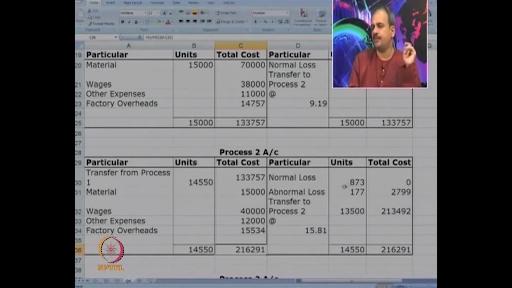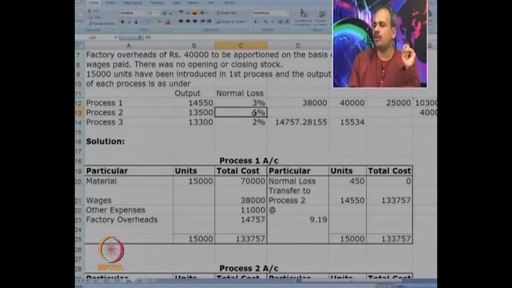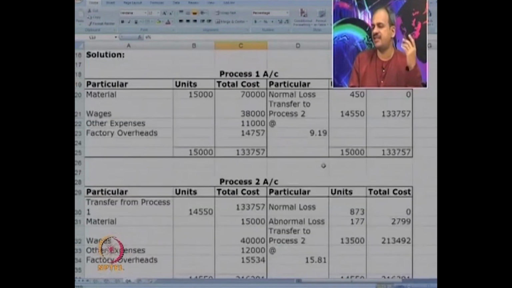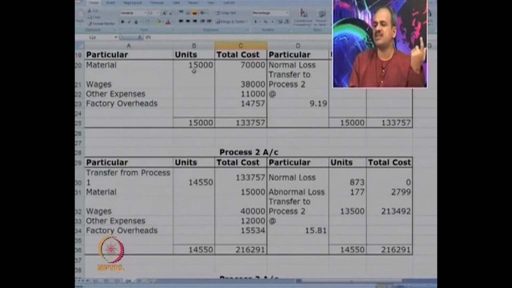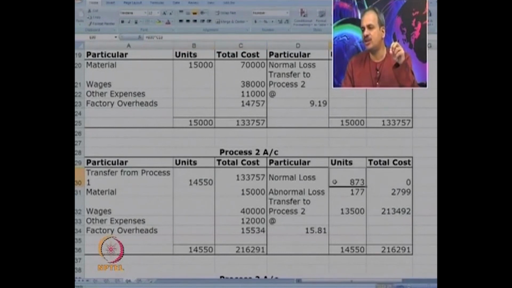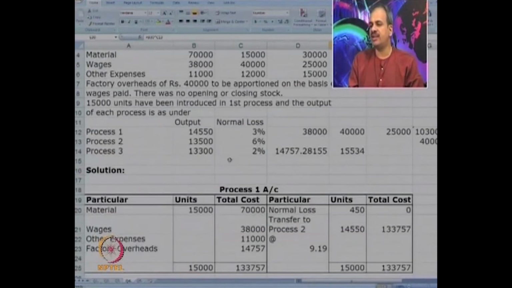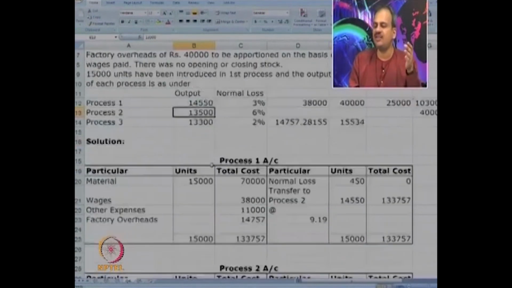Now on the credit side, look at the normal loss percent, which is 6%. Now this 6% is not on 15,000, it is 6% of the input of this process. So on 14,550, 6% is charged, so it comes to 873. Now what is the actual output? It is given that the actual output is only 13,500.